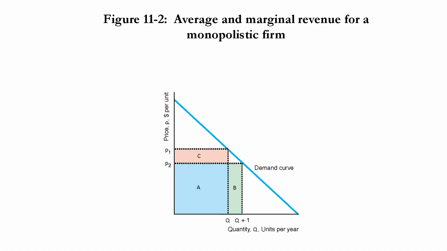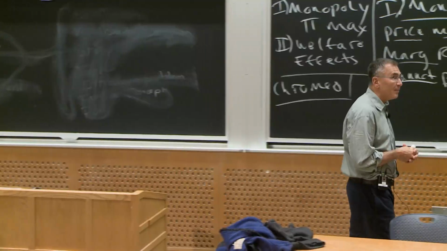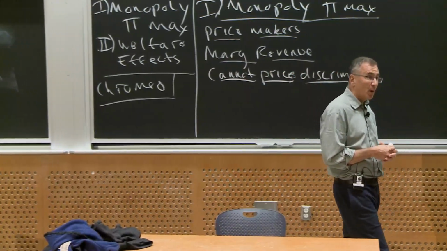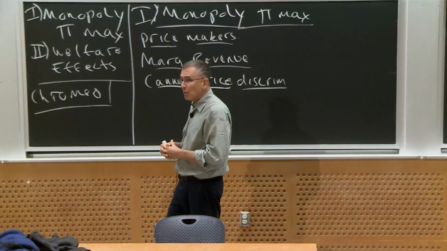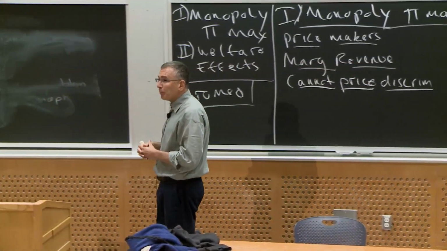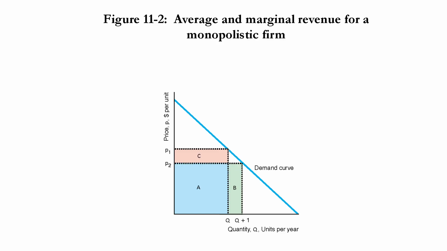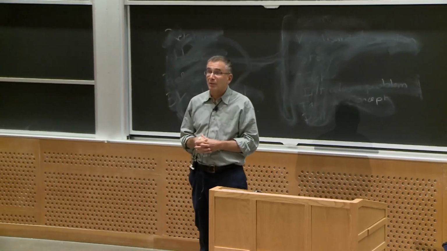Well, two things happen. In particular, if they want to sell one more unit, they have to lower the price. Why? Because demand is downward sloping, and there's just one price. So if the monopolist wants to move from selling Q to selling Q plus 1, it has to lower the price from P1 to P2. There's no choice. It has to be on the demand curve.